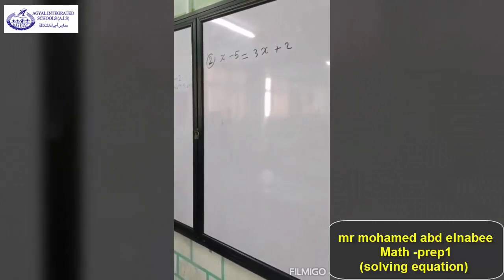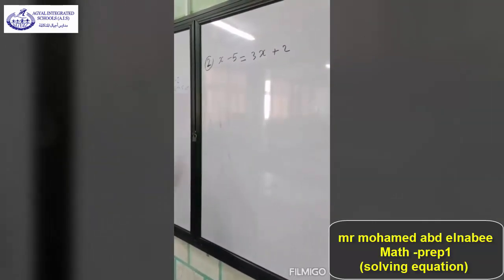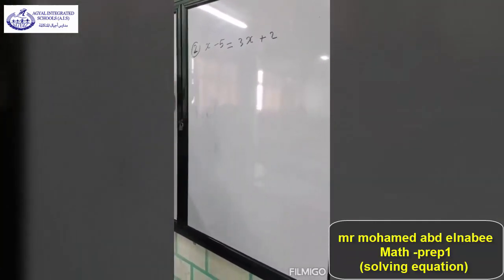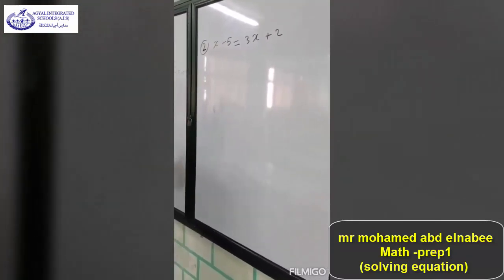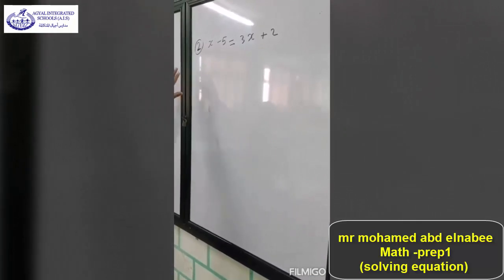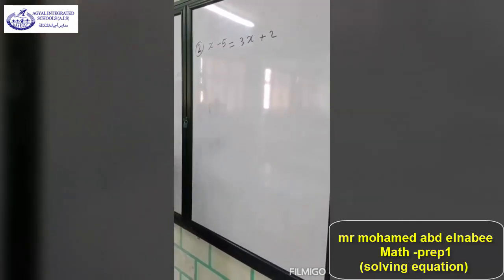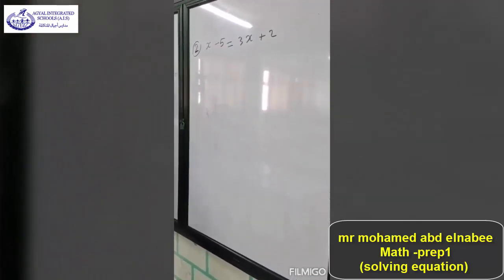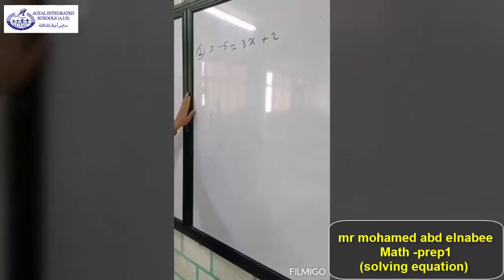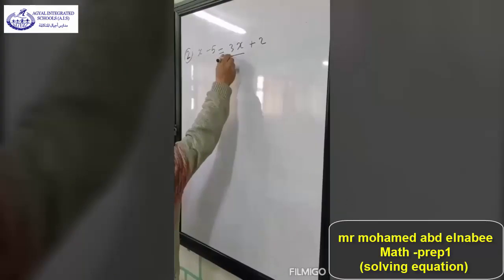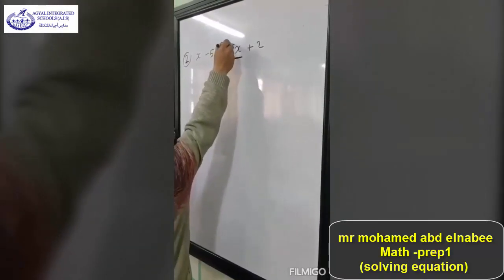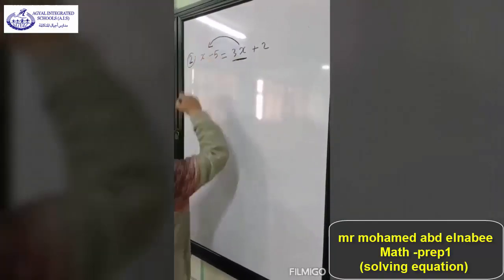What I must do is put the variables on one side and the values on the other. Don't forget again, for the fifth time, any term changing from one side to another, we must write the opposite operation.